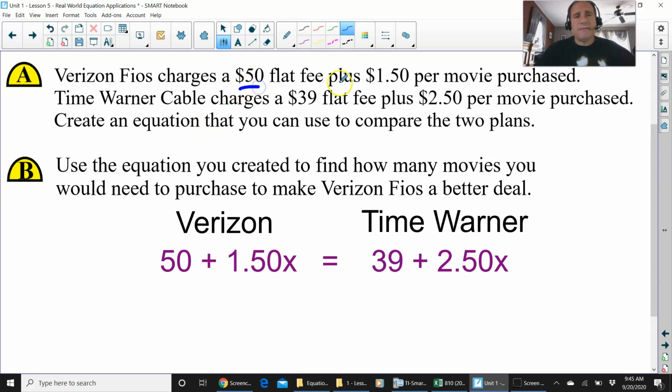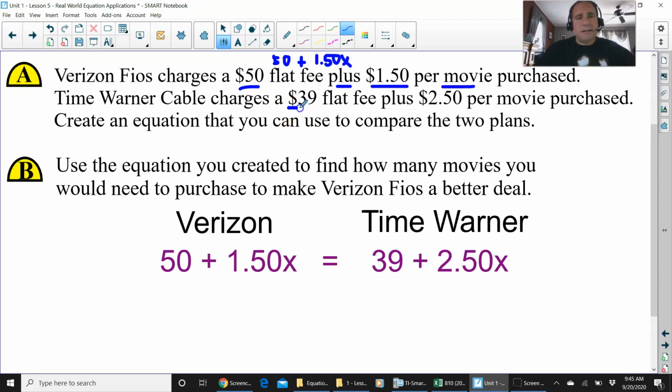Verizon charges a $50 flat fee. That's the initial fee plus $150 per movie. So that's 50 plus 150, and it's per movie. So this 150 is going to be charged over and over again.